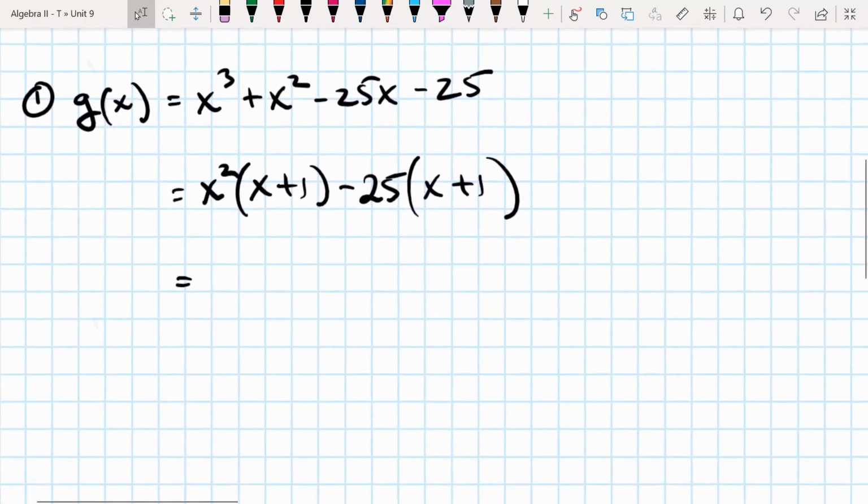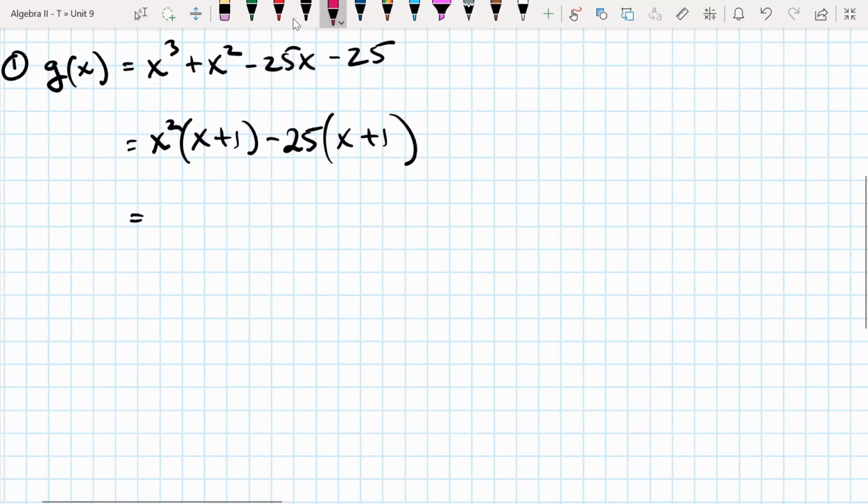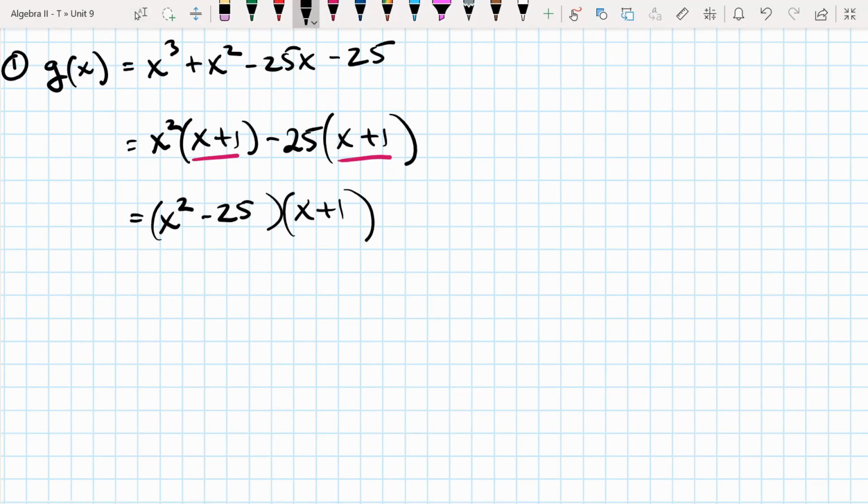The factoring by grouping works here because these two terms are the same like they were in the last problem. So we have x squared minus 25 times x plus 1. Now we can factor the x squared minus 25 because that's the difference of squares, to x plus 5 times x minus 5 times x plus 1. And this is g of x.